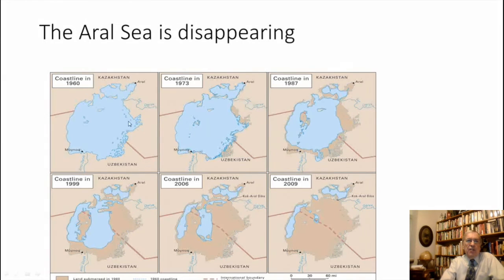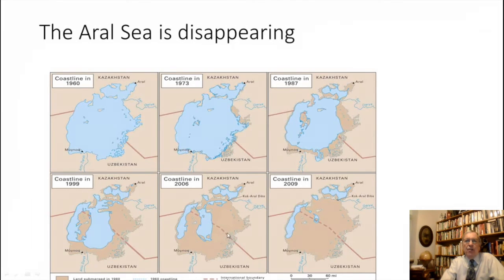This is not over centuries. This is all since 1960. Here was the coastline in 1960, early 70s, late 80s. You could see it dying out. Basically, the lake drying and dying out. Coastline in 1999, the lake actually broke up into sections where there was deeper water here and there. Coastline in 2006.